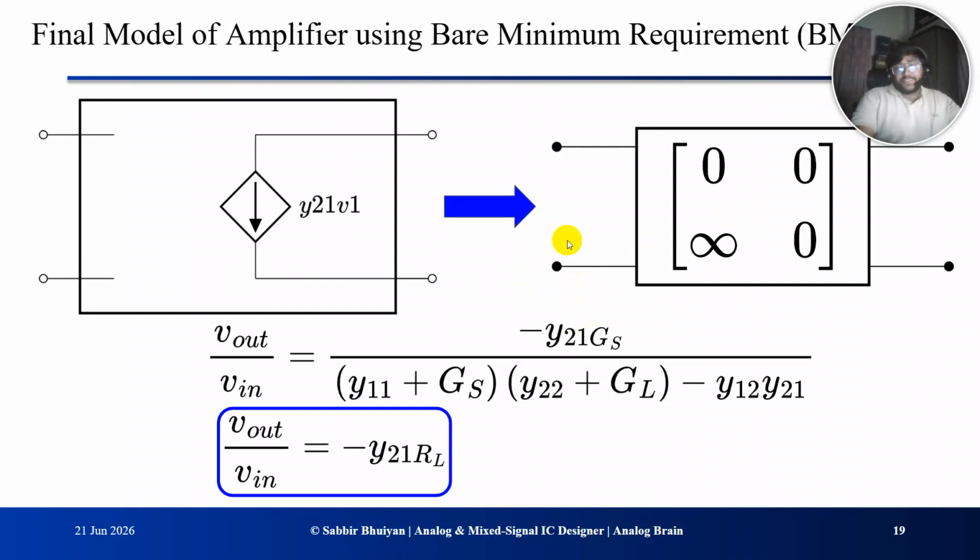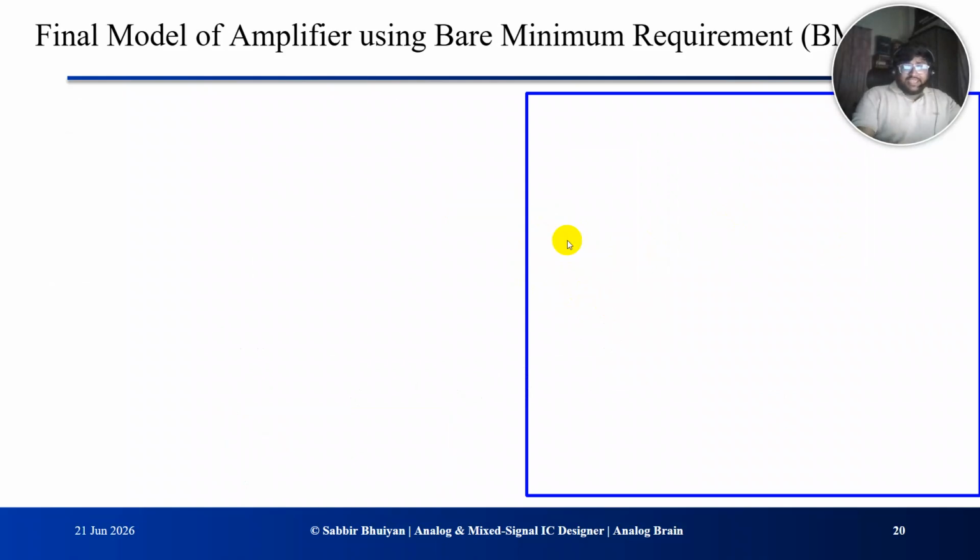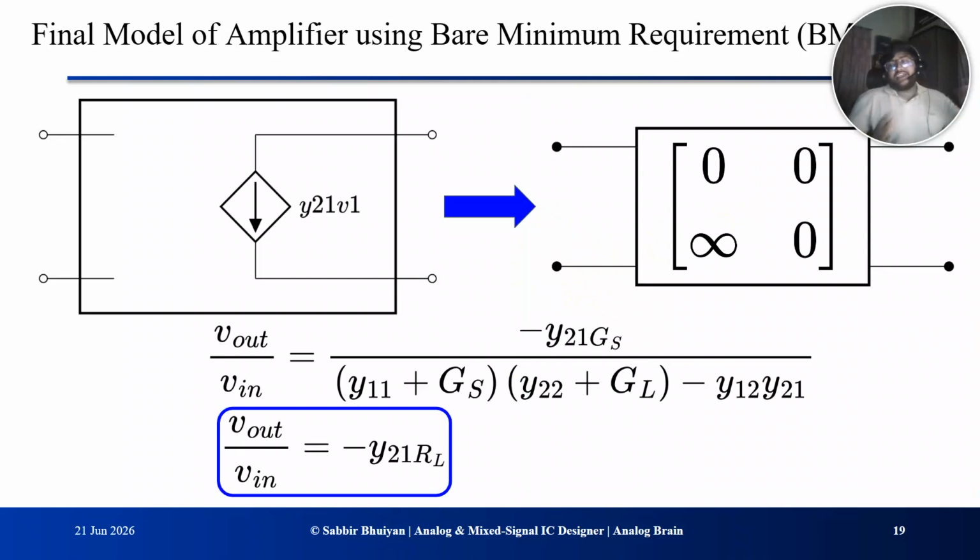That's it, and that is the entire bare minimum amplifier, a single dependent current source. In matrix form it is nothing but 0, 0, infinity, 0. So basically this is our amplifier, the mathematical amplifier. I like that matrix a lot. I used to write it a lot.